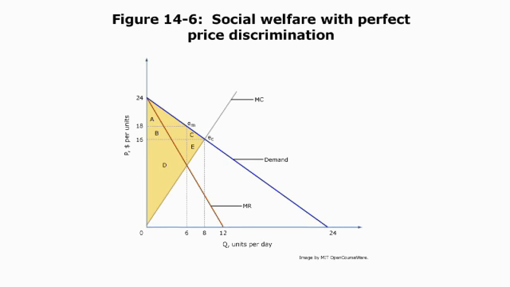What do you charge the second consumer? 23. Third consumer, 22. You literally charge them their willingness to pay. If you're perfectly price discriminating, then you literally charge every consumer exactly their willingness to pay. You say, look, I know your willingness to pay function.